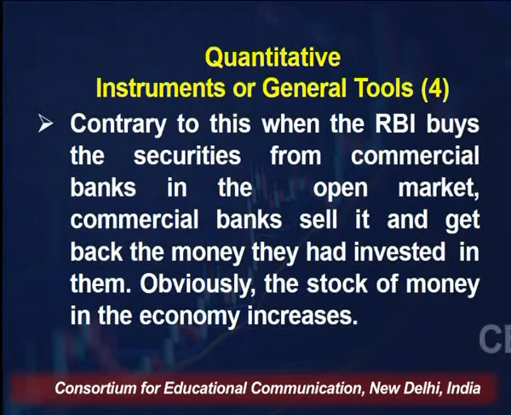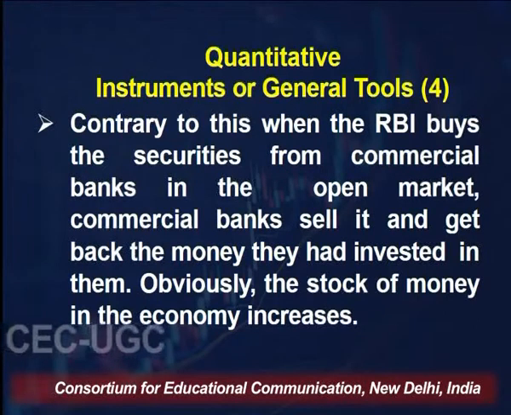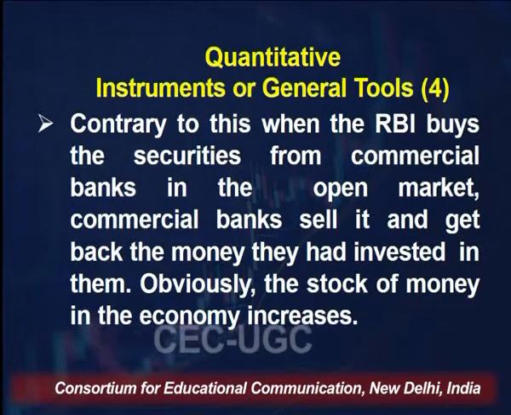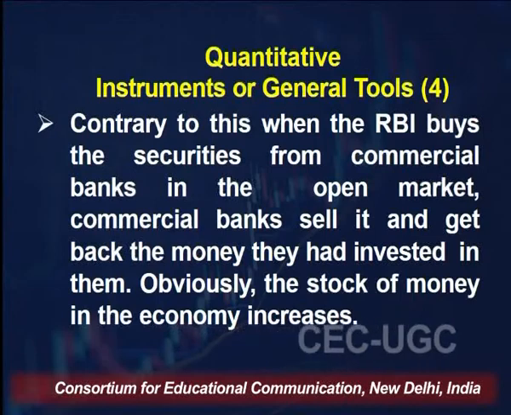Now, contrary to this, when RBI buys securities from commercial banks in the open market, commercial banks sell them and get back the money they had invested in them. So, obviously, the stock of money in the money market increases.